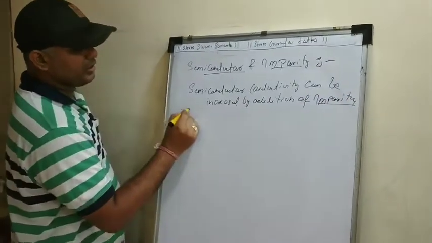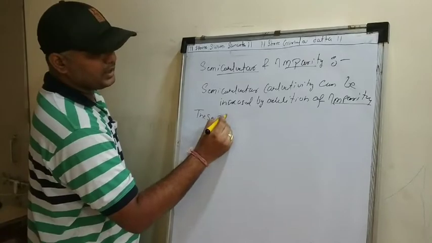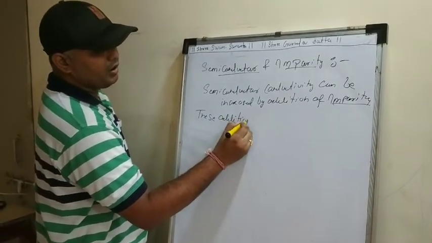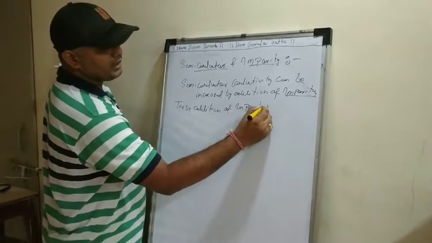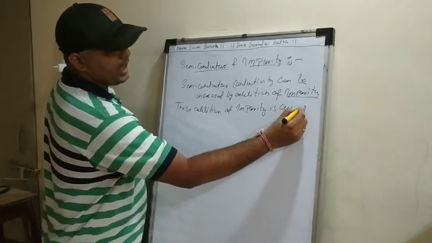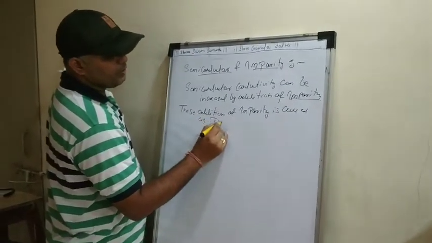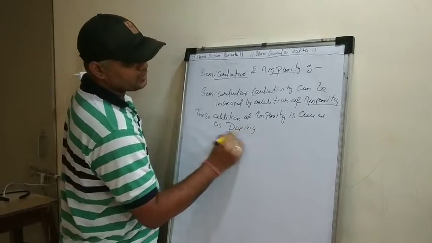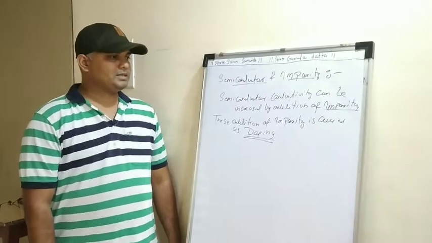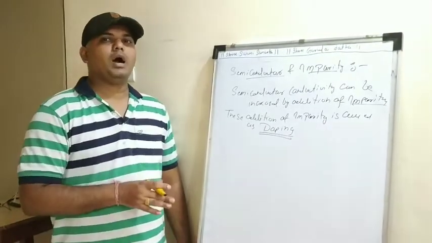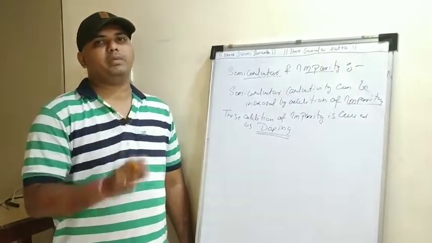And this addition of impurity is called as doping, right? So addition of an impurity is said to be the doping, right? So in this case we are going to see now how exactly the impurity can be added, right?